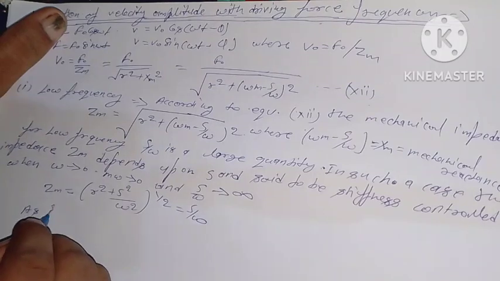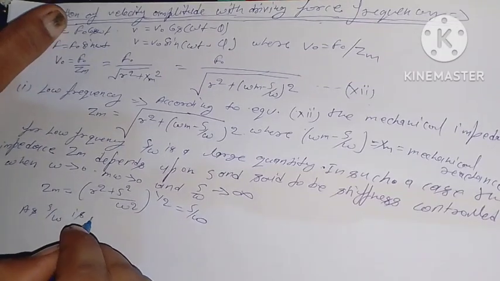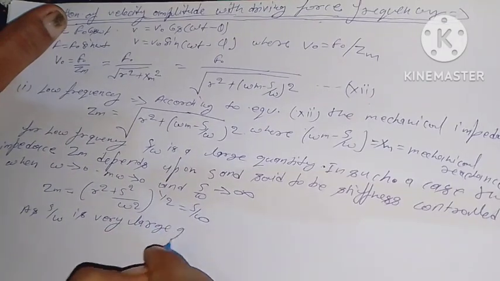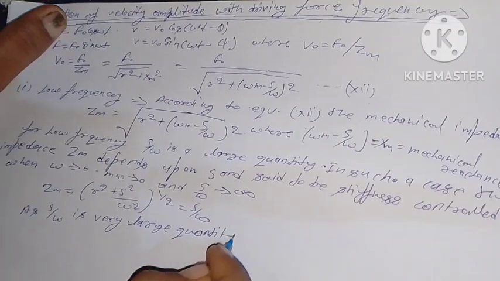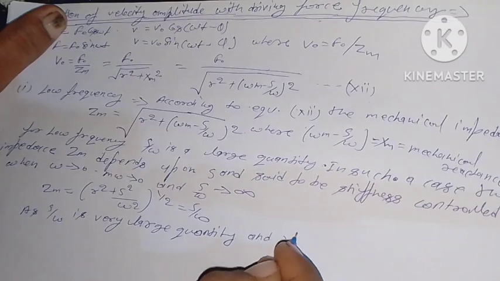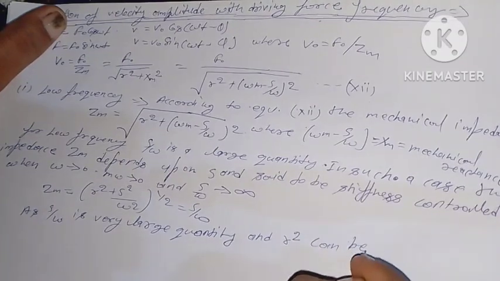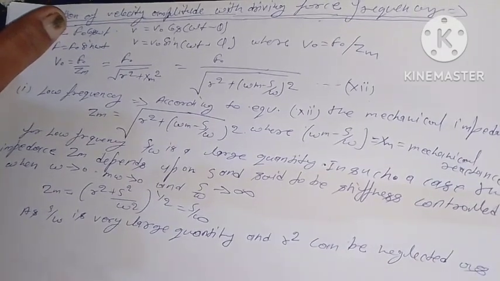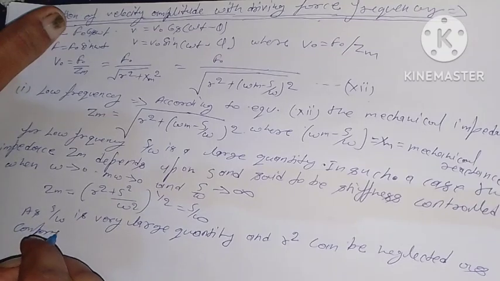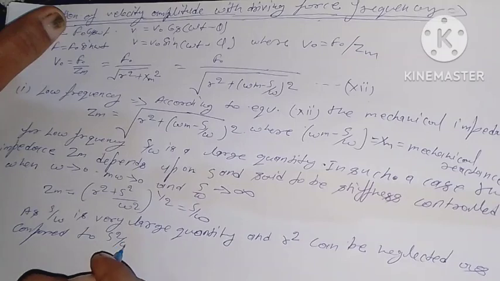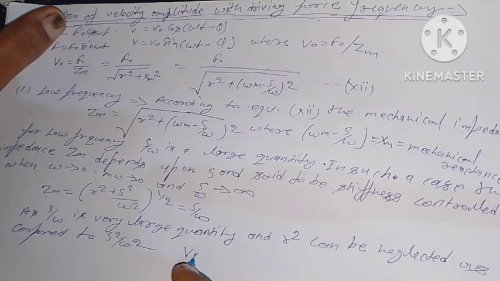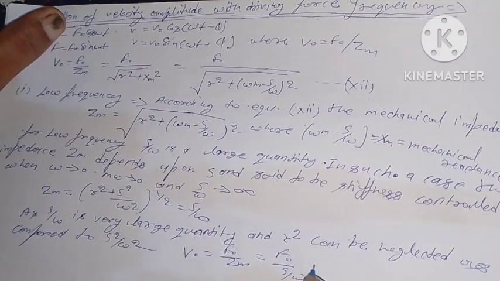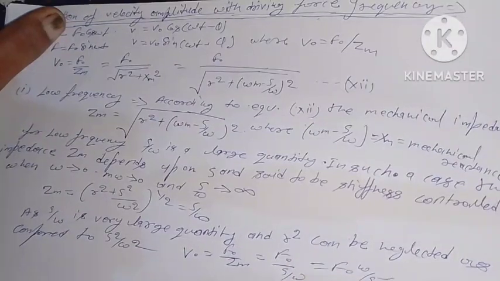Then V naught equal to F naught by Zm equal to F naught by s by omega, that is F naught omega by s.